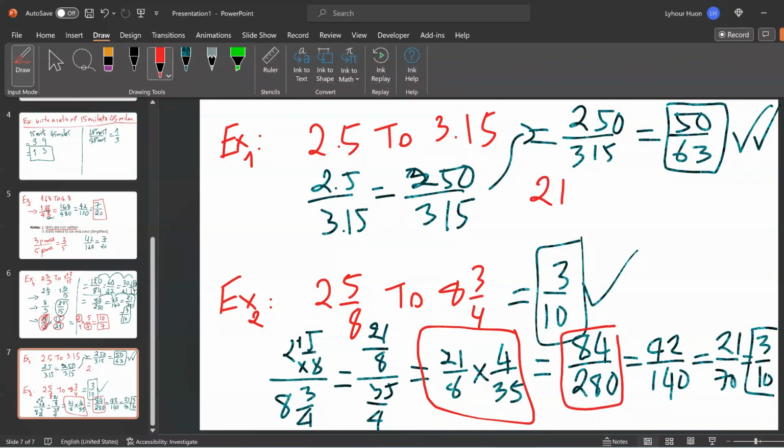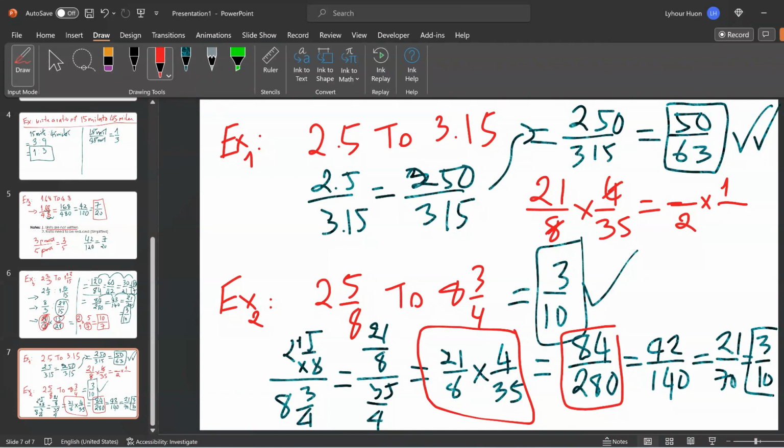So 21 over 8 times 4 over 35. And we simplify the 4 and the 8. Can I simplify 4 and 8? Yes, we get 2, right? So 4 becomes 1, 8 becomes 2. So 1 over 2.